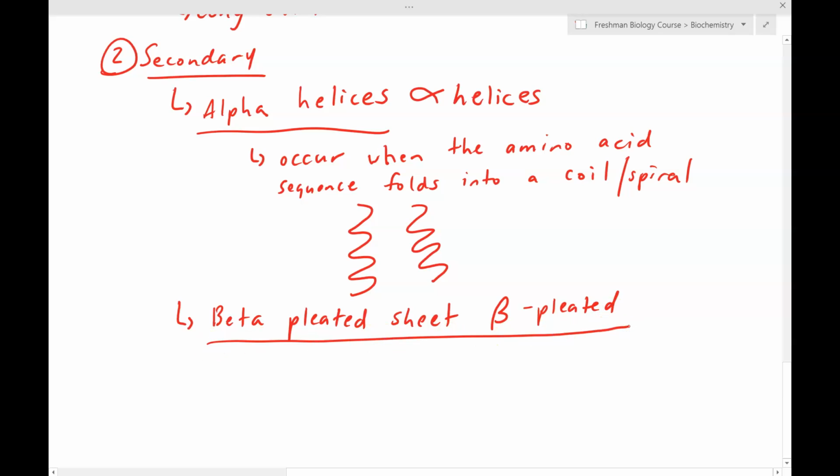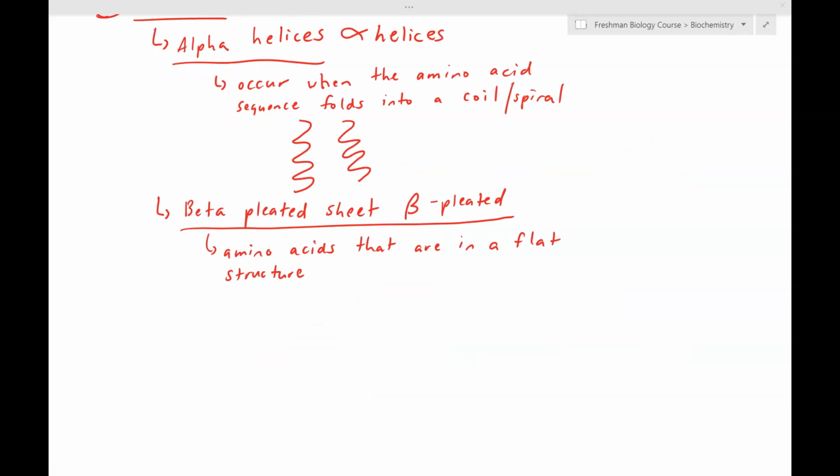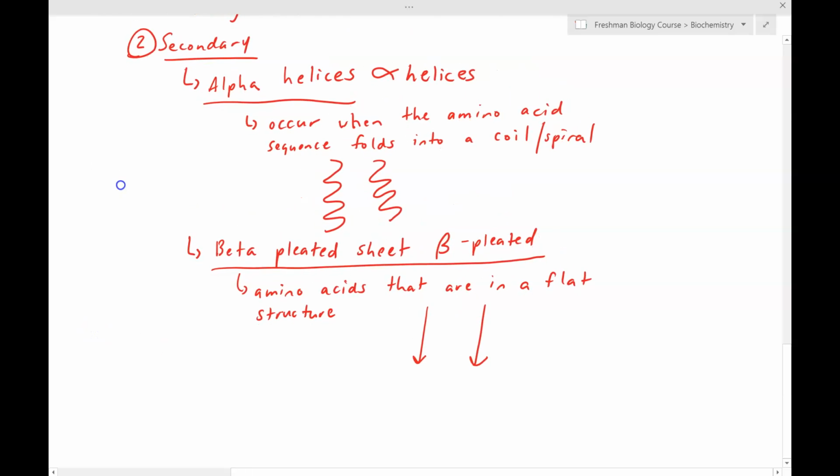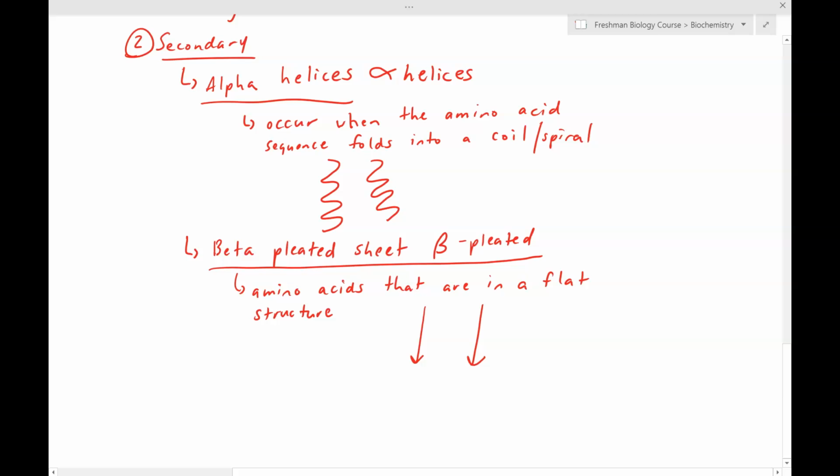All right, and then again, what that means is that we have amino acids that are in more of a flat structure. So these are going to be more of kind of a straight arrow type shape, as opposed to the alpha helices, which take on that helix structure. All right.